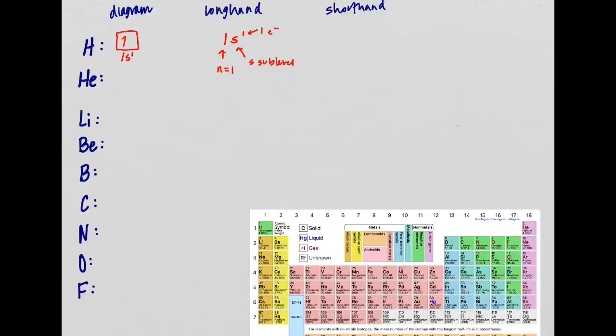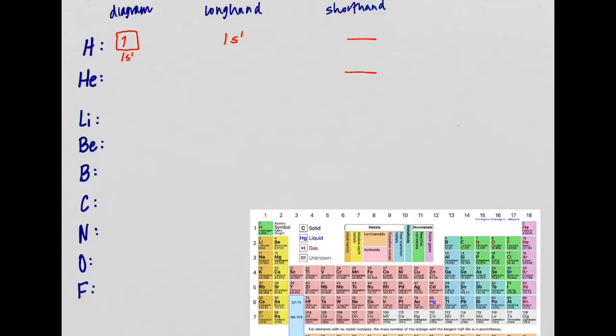That's what all those numbers tell us. And finally, for our shorthand, for the first 2 elements on the periodic table, hydrogen and helium, we actually don't have a shorthand, so we're not going to get there yet.